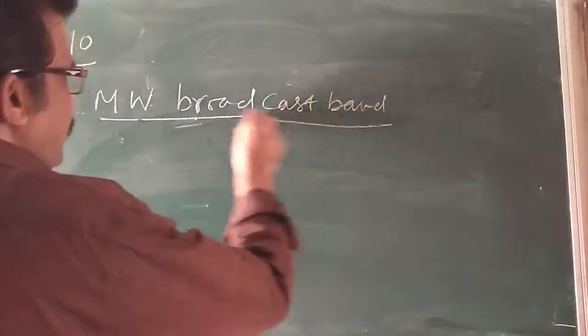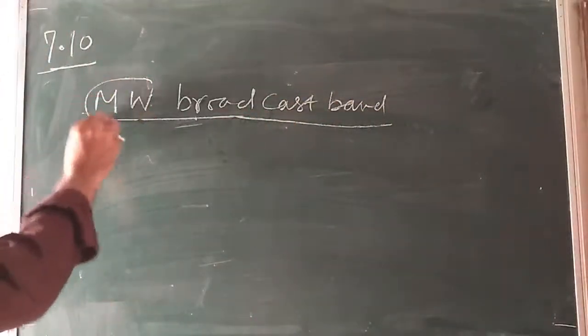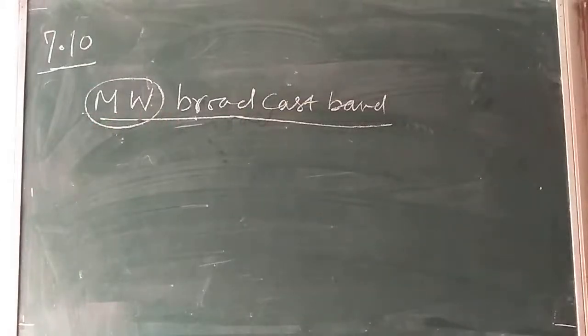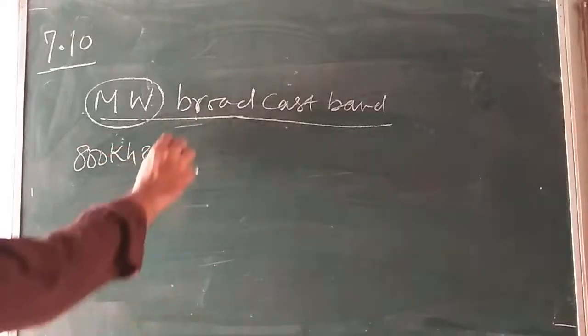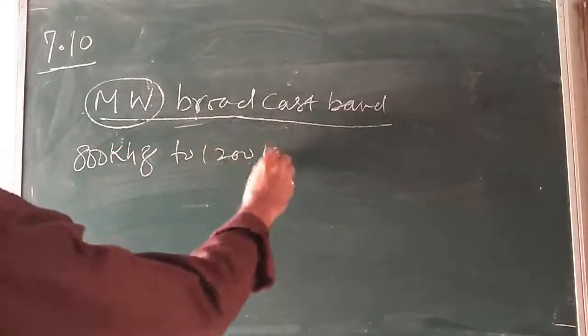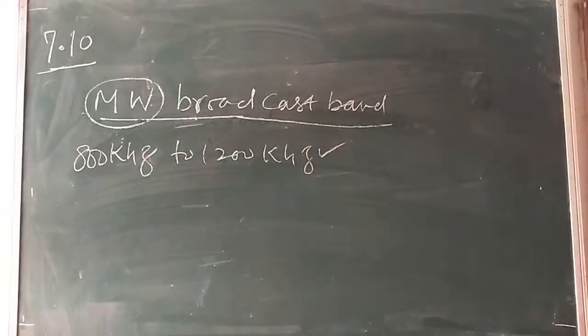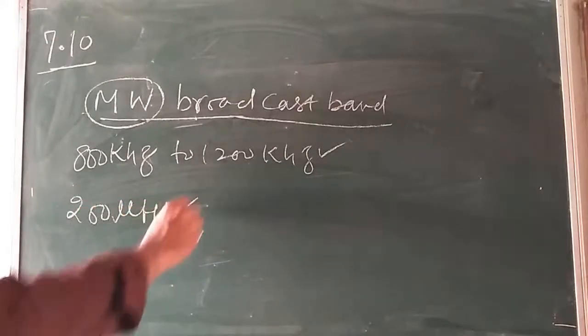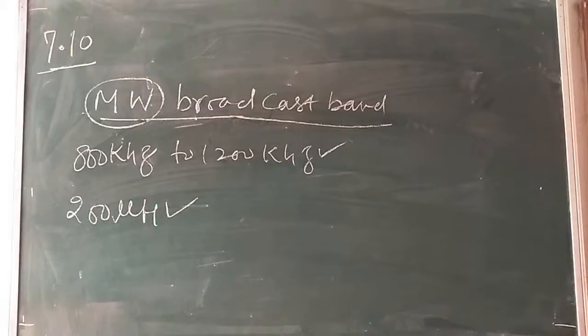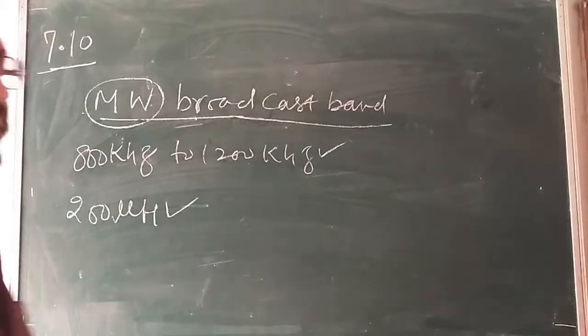You can see in your radio MW must be written over there. The values are 800 kilohertz to 1200 kilohertz. If the LC circuit has an effective inductance of 200 microhenry, what must be the range of its variable capacitor?